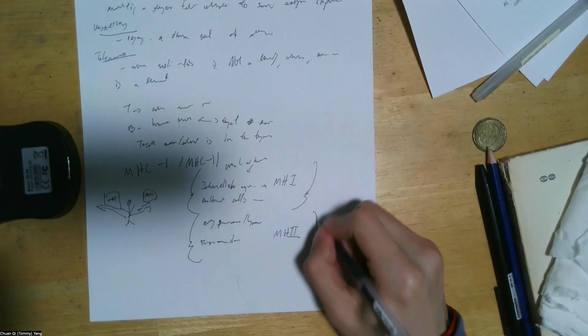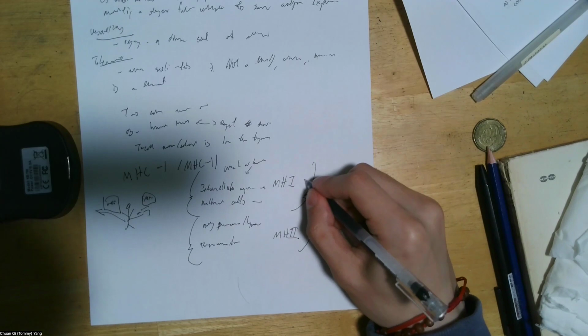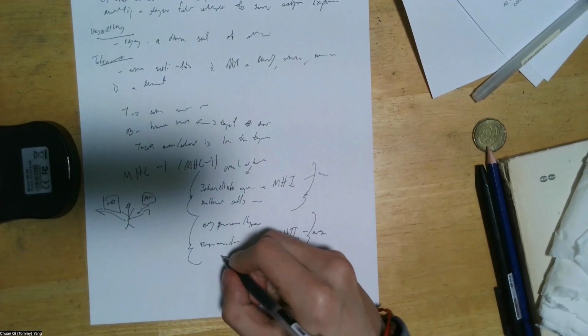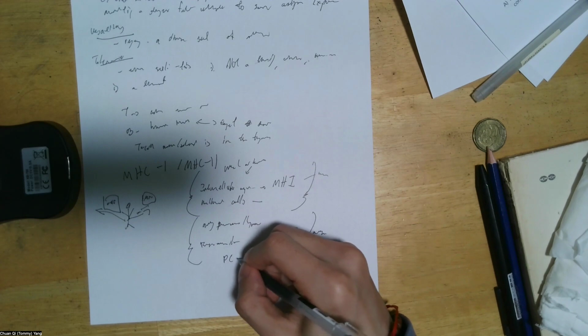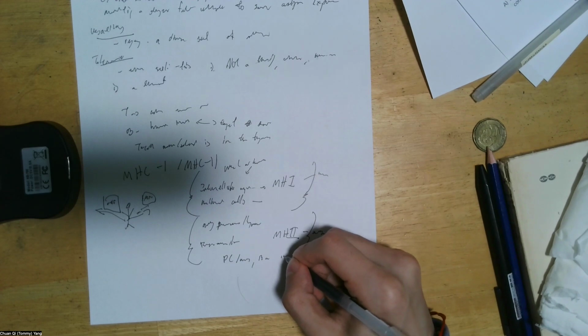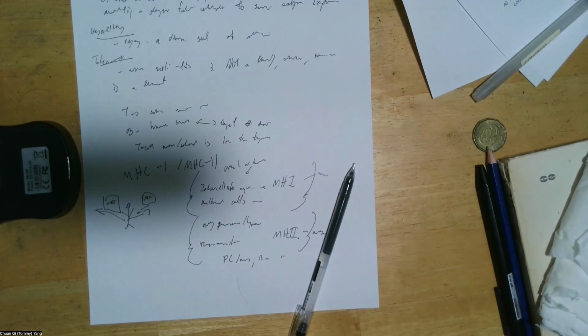So remember, one is for nucleated cells, and two is antigen presenting cells. And these would include dendritic cells, macrophages, B cells, and then the mast cells, basophils, and whatnot.